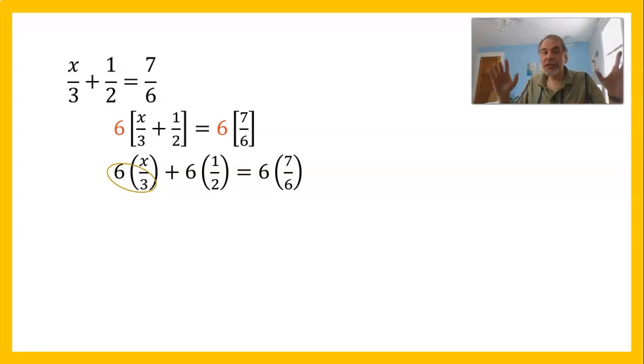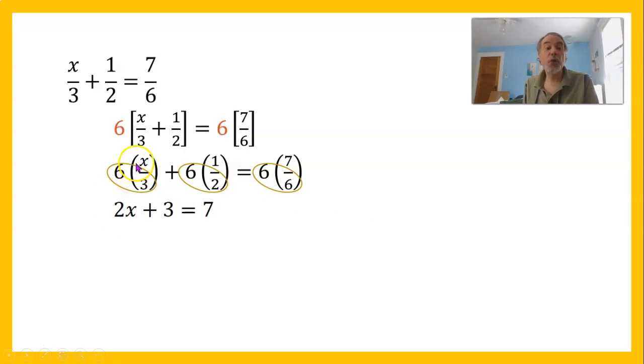No more fractions, because 6 divided by 3 is just a 2. And then here, 6 divided by 2 would be a 3, and 6 divided by 6 would be 1. So what we have now is no more fractions, just 2x plus 3 times 1 equals 1 times 7. 2x plus 3 equals 7.